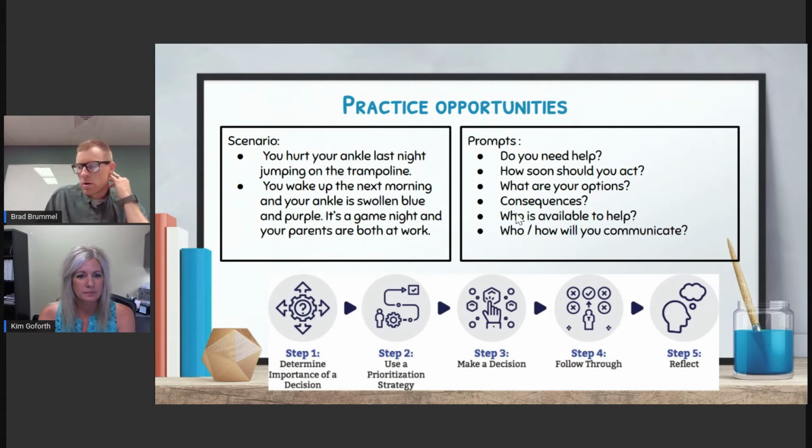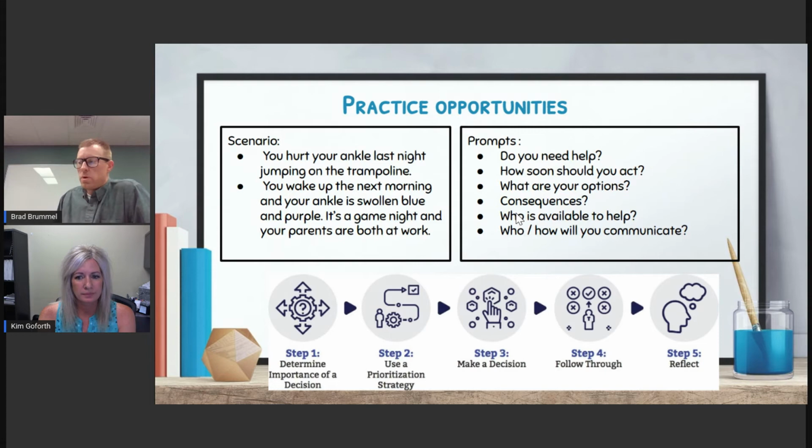So now we're again continuing to decide how important is this decision, and now we're starting to prioritize a strategy. So what are your options? What are the consequences involved? Who is available to help? And so now we are getting into those healthy and unhealthy alternatives with the consequences.